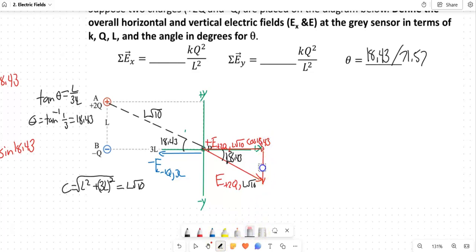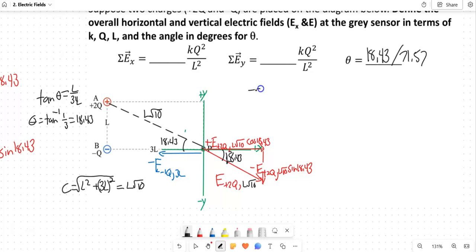This part here is going to be positive 2q, comma, L square root of 10 sine of 18.43.